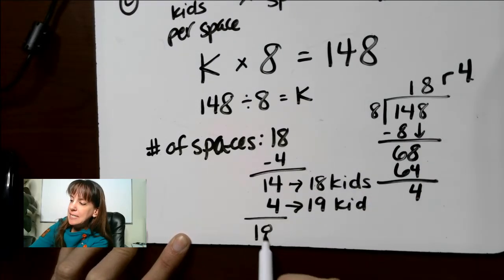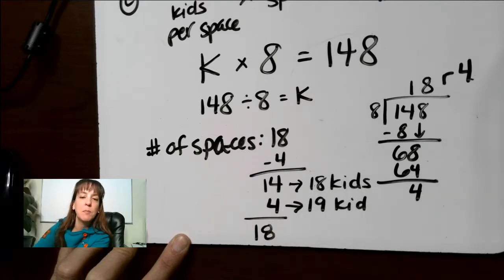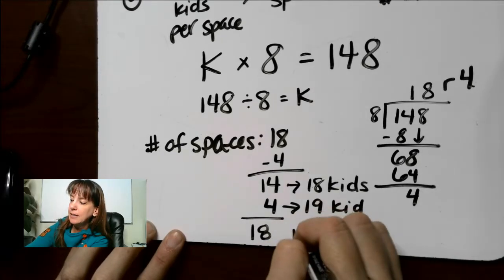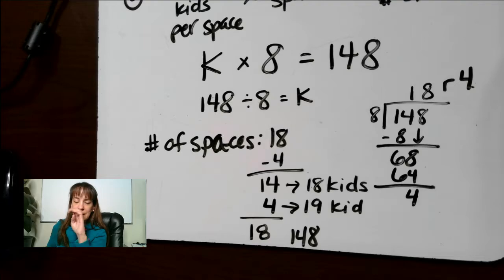The other 4 spaces held 18 kids. So we know we have 18 per space, and then if we did the math on that, we would end up with 148 kids. That makes sense?